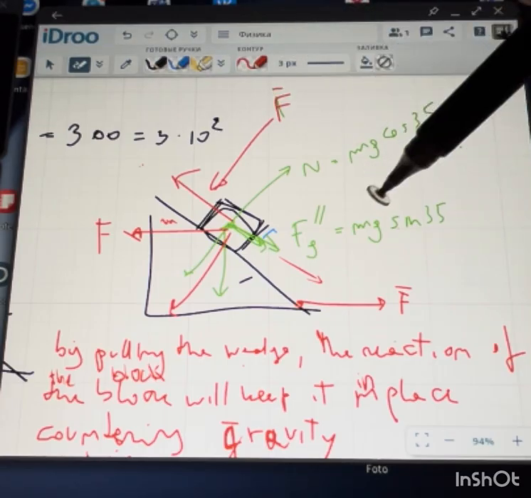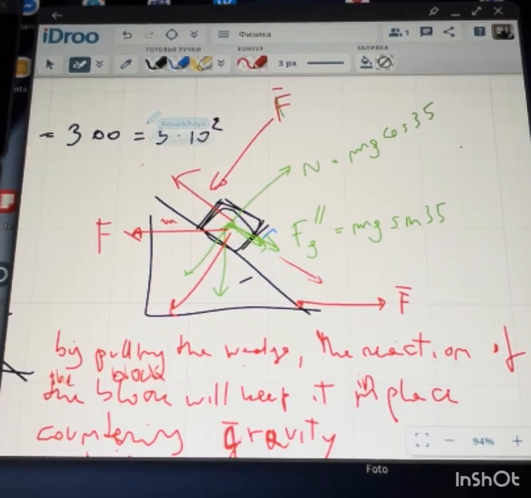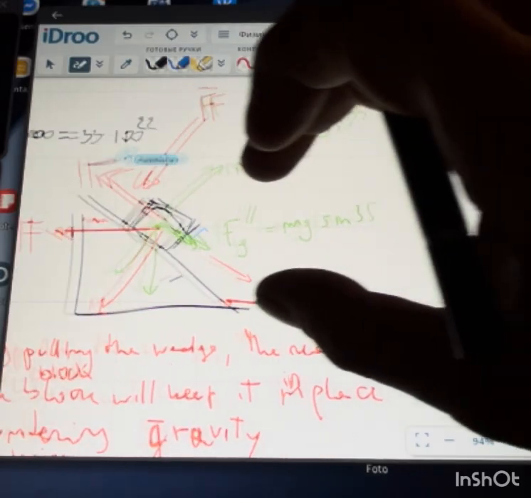We are pulling the wedge. What is the component of the force pulling the wedge along the slope? Let me draw it like this.